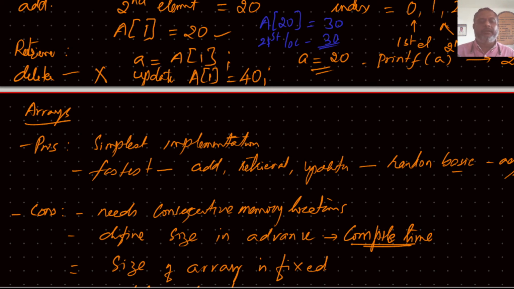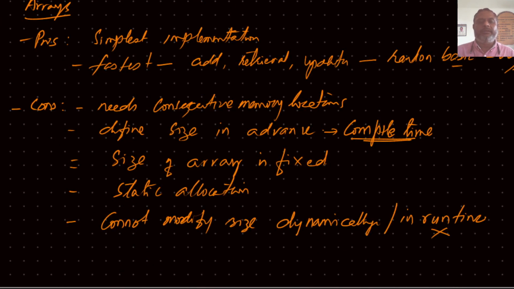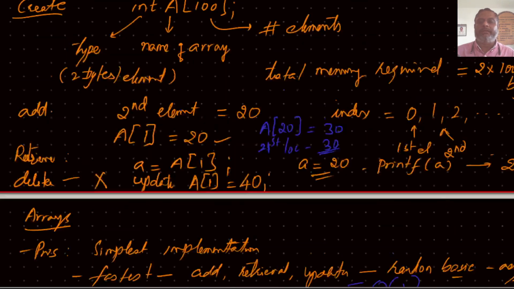So adding at any location, retrieving from any location, updating values at any location are done at a constant time. These operations don't depend on the size of the array.